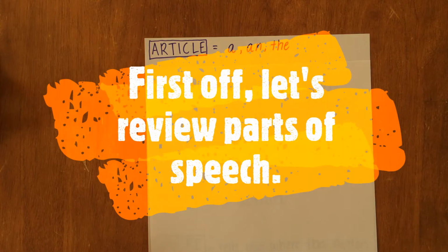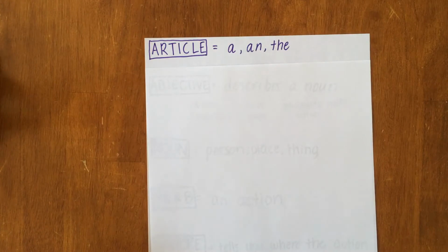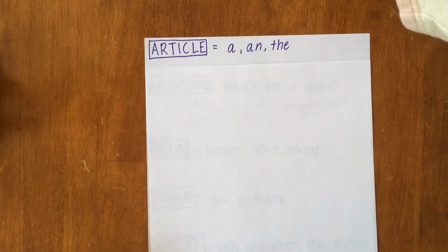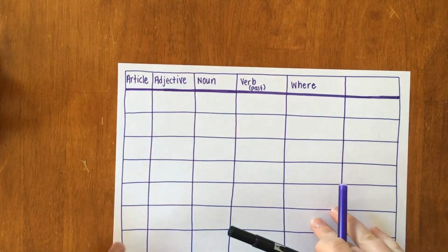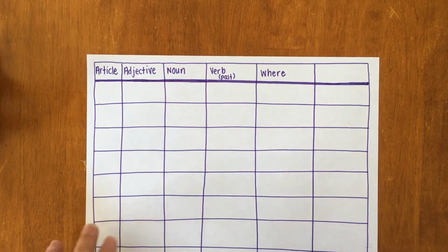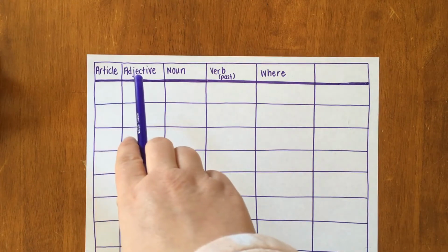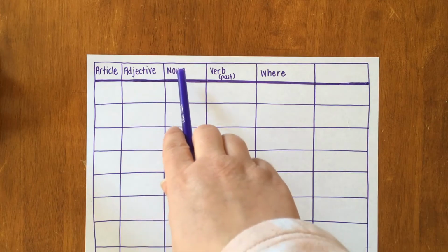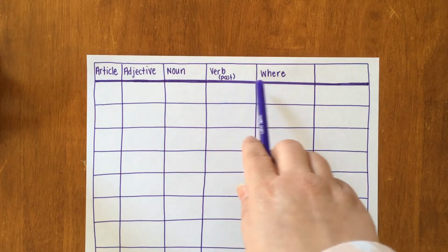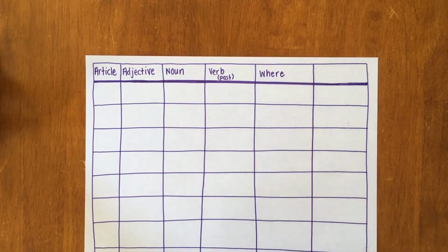So, the first thing that I want to talk to you about today is parts of speech. Because if we preview our sentence frame, you see that it has lots of parts of speech. I have article, adjective, noun, verbs, and some where phrases.